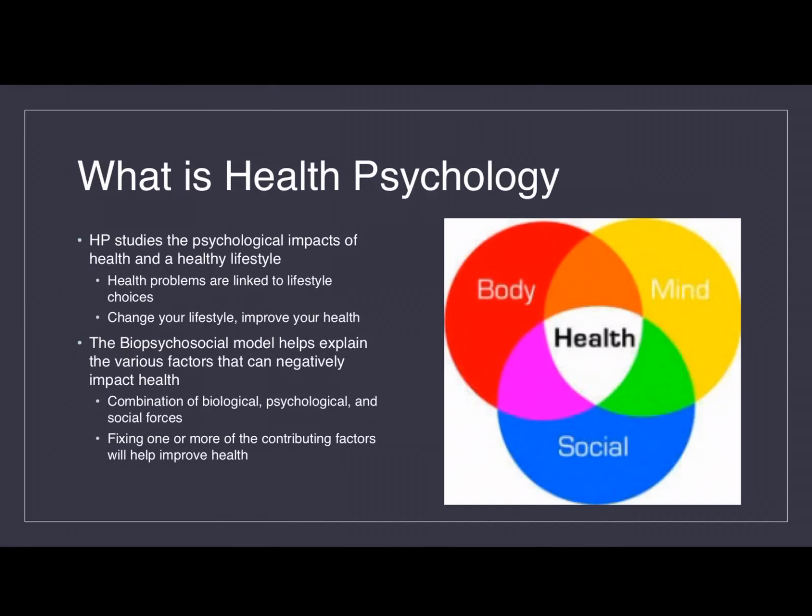All right, so first let's get a simple definition of what exactly is health psychology. What health psychology looks at is the psychological impacts of health and a healthy lifestyle. We know that a lot of health problems are built around a person's lifestyle and choices that they make and the job that they have, the location where they live, activities that they choose to be a part of.